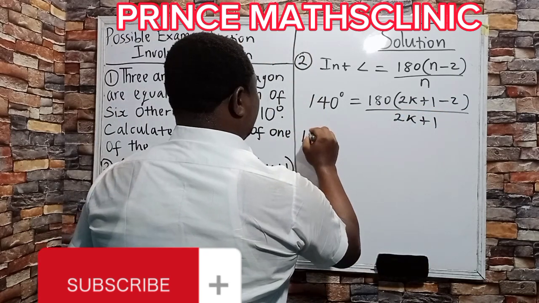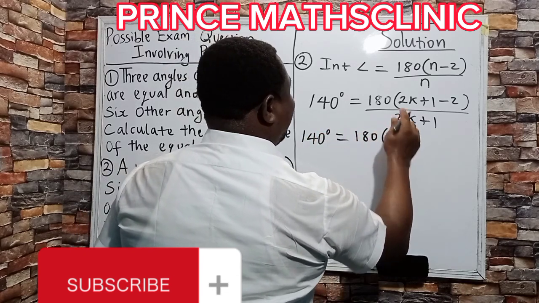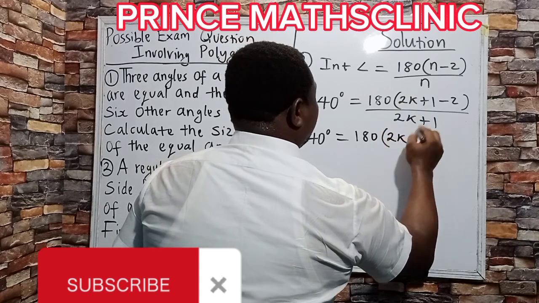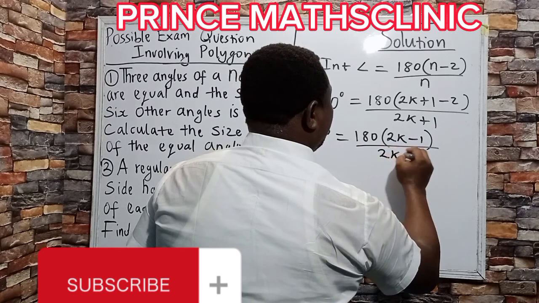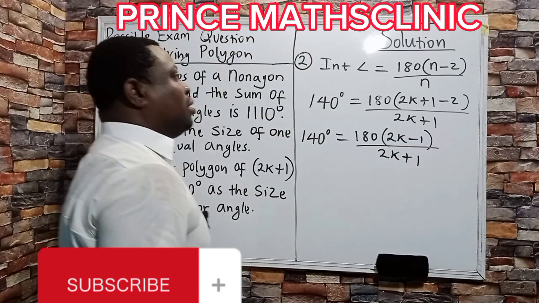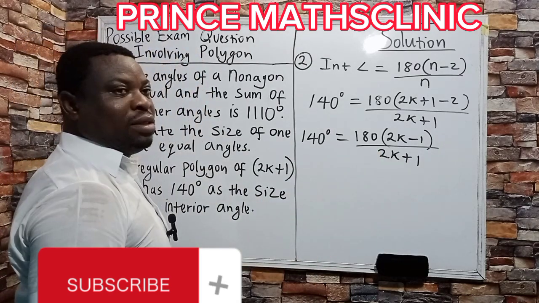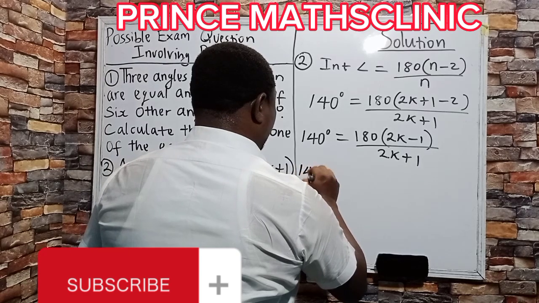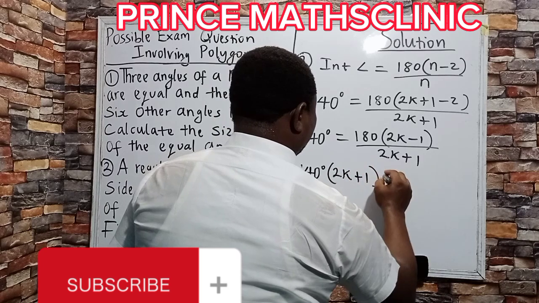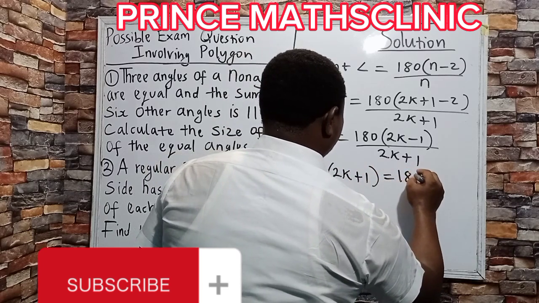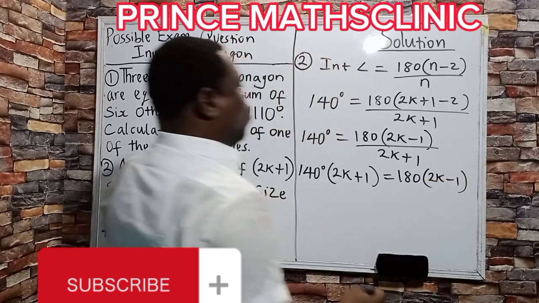So let's go. Simplifying what is in the bracket, you have 2k. Then 1 minus 2 is minus 1 all over 2k plus 1. Then let us cross multiply. If we cross multiply, we have 140 open bracket 2k plus 1 to be equals to 180 times 2k minus 1.